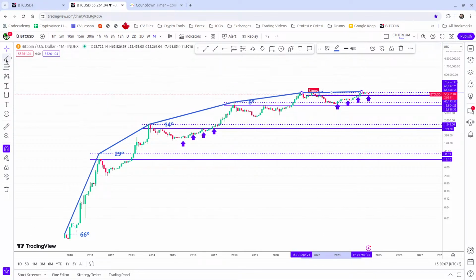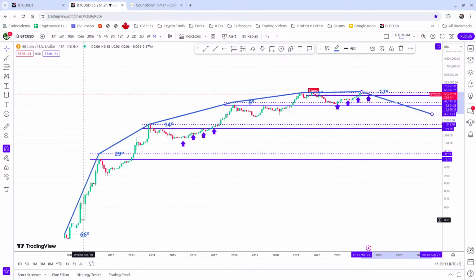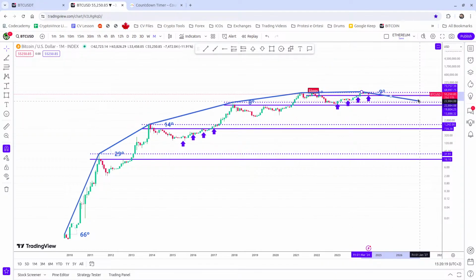So I mean, I don't want these things to start to drop, you know, but if it follows, we might drop here. Even if we drop down to 20k again, there will be a minus 12 degree angle.